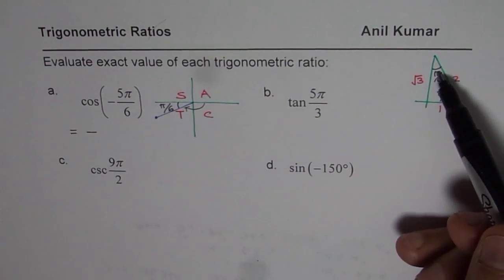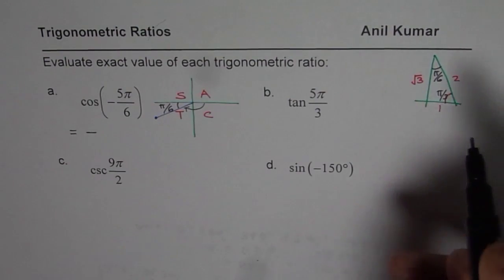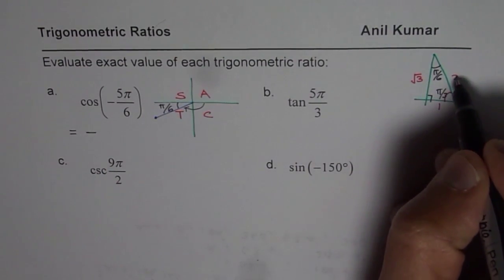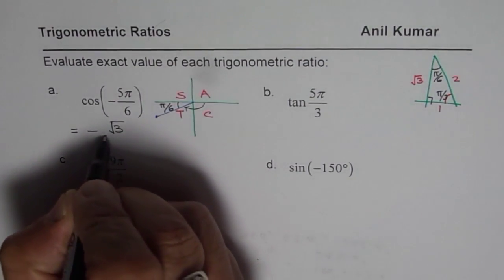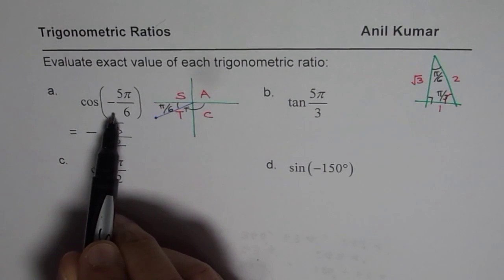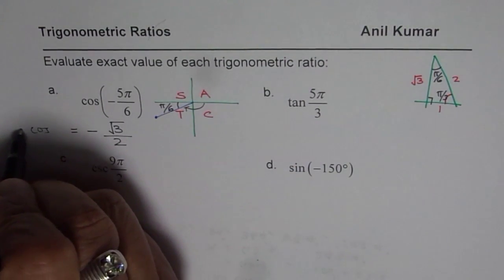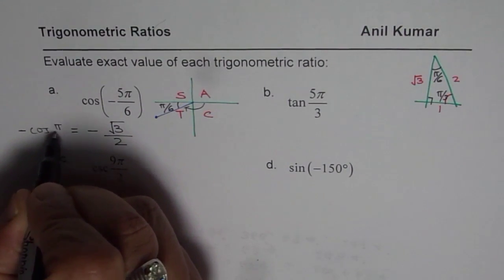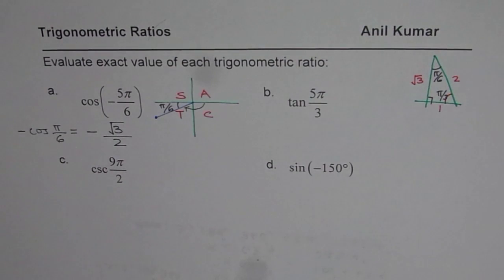So if you see from pi by 6 side, then adjacent side is square root 3, hypotenuse is 2. So square root 3 over 2 is your answer for the given trigonometric ratio. So cos of minus 5 pi by 6 is same as minus cos of pi by 6. You get the idea? And that is minus square root 3 over 2.